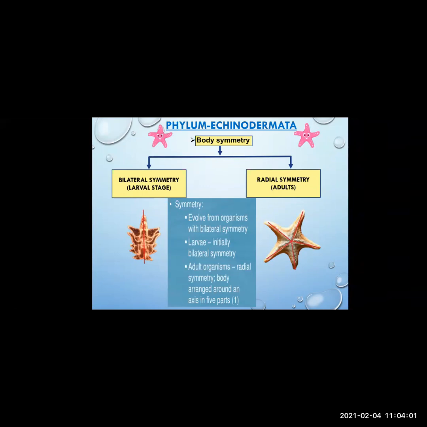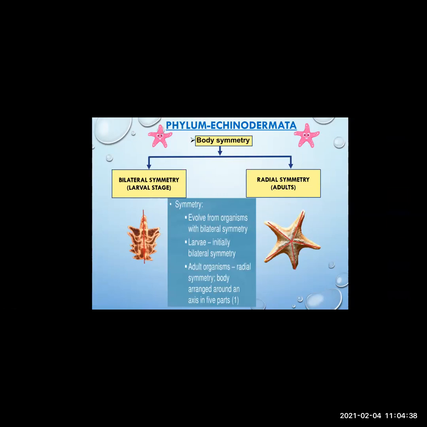Now, what is bilateral symmetry? Bilateral symmetry is shown during the larval stage. What is the larval stage? The larval stage is the early stage of development, and it differs in appearance from the adult stage. This is the larval stage of starfish. From the picture you can see how it looks. If an imaginary axis is drawn through the starfish's body, it divides it into two equal identical halves, isn't it?